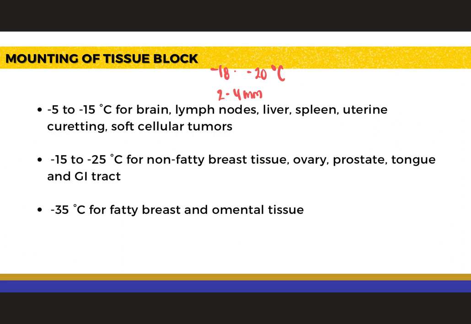Both the microtome knife and the tissue block are left in the cryostat for 15 to 30 minutes at -20 degrees Celsius. Sections between 5 to 4 microns are then cut slowly and steadily, removed from the knife with a camel hair brush, attached directly to slides or cover glasses at room temperature, air dried, fixed, and stained.